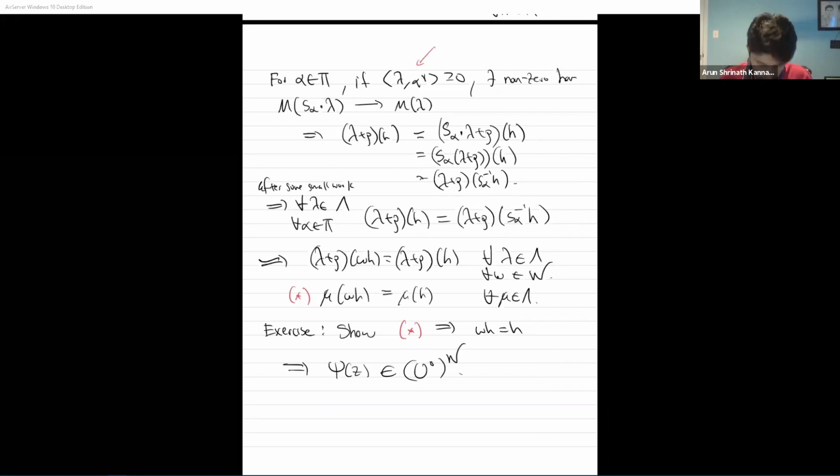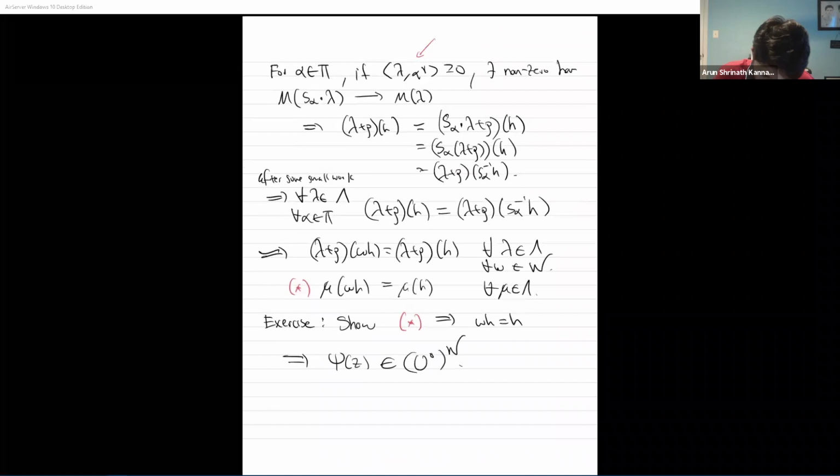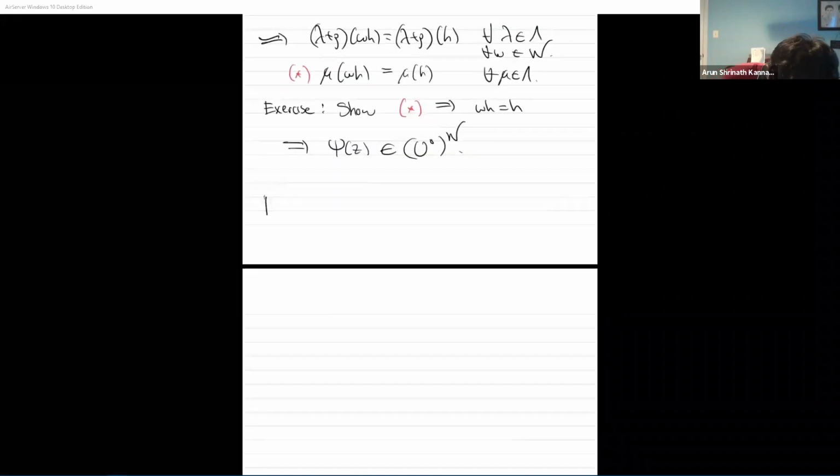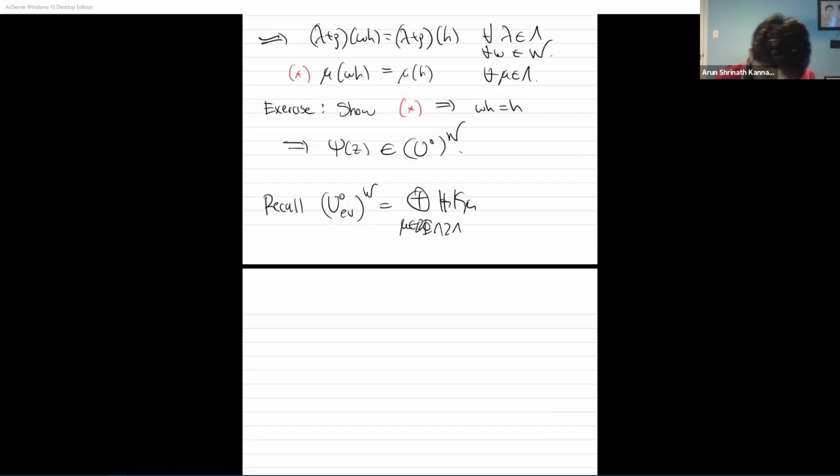Okay, so now let's recall exactly what U0 of W was. This was equal to the subalgebra of U0. Okay, so now we have the following proposition. Without W invariance.